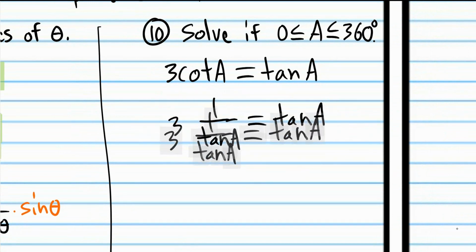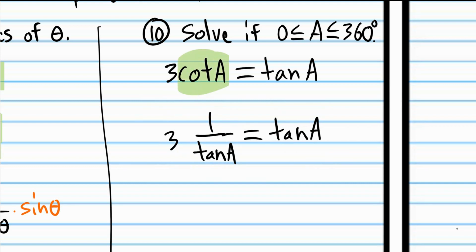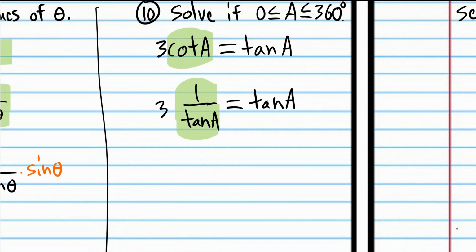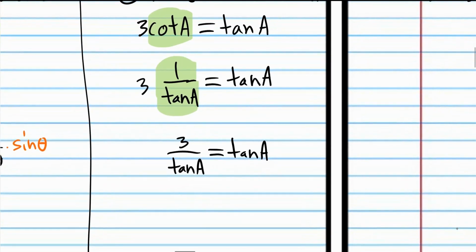Again, that is a reciprocal identity, and we can just write that as 3 over tangent A. You don't have to show that extra step if you don't want to.